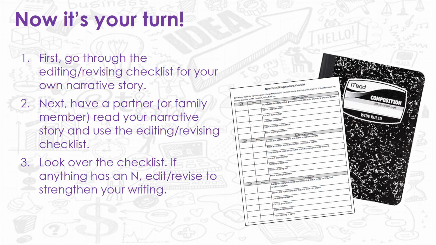Like I have said a couple of times, if that is not possible, it's okay. Just do the editing and revising checklist for yourself. That's perfectly fine. You just have to be honest with yourself. Last but not least, look over that checklist. If anything has an N for no, edit and revise to strengthen your writing. Now make sure that you are honest and you make these corrections because tomorrow we celebrate.